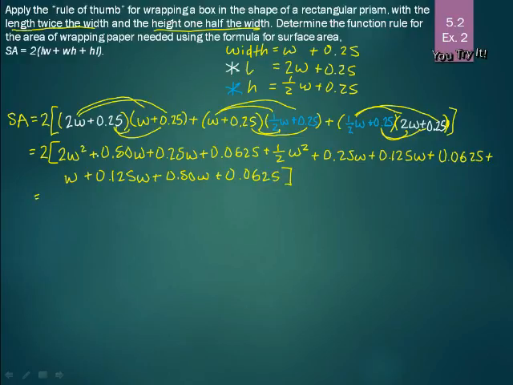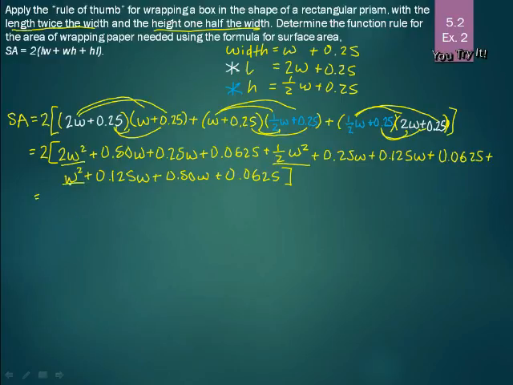Let's combine any like terms that we can. We have a 2W squared. Let's look for another W squared. We have a 1/2 W squared, and that's it. Actually, we should have one more than that. Let's see, we made a mistake. In the last one, 1/2 W times 2W, we should have had 1 W squared there. So we have a W squared as well.